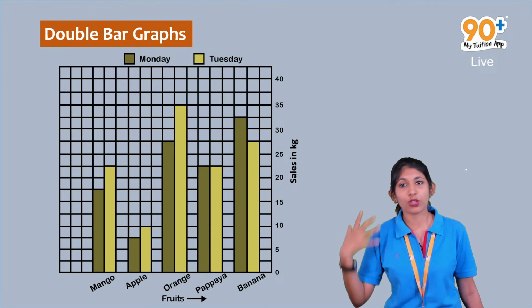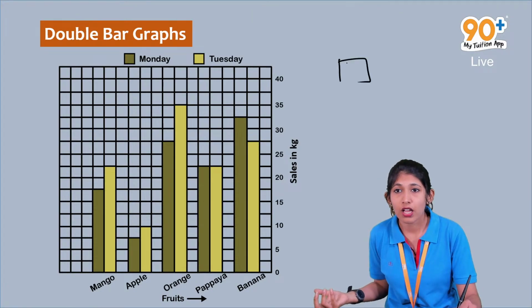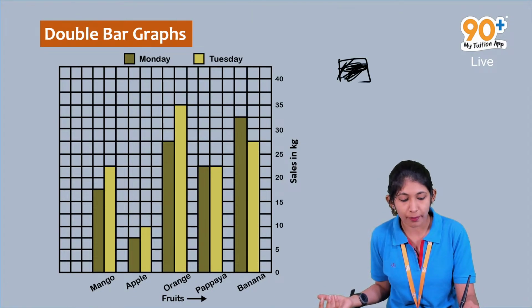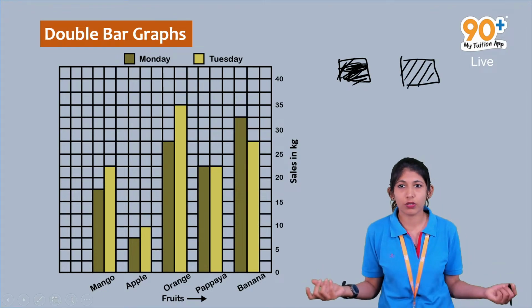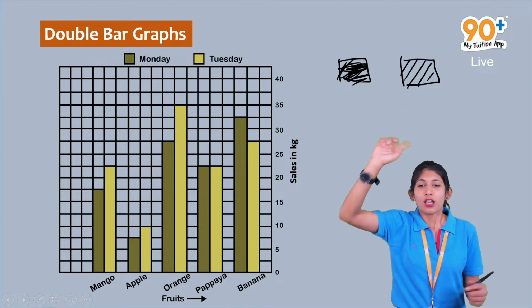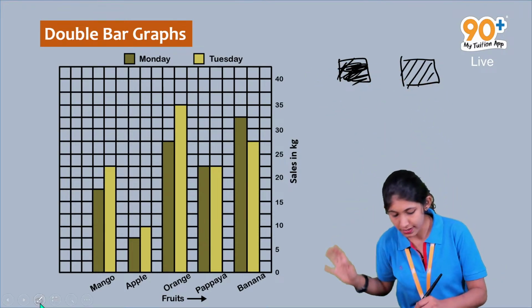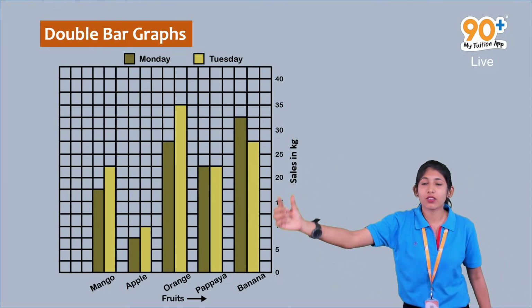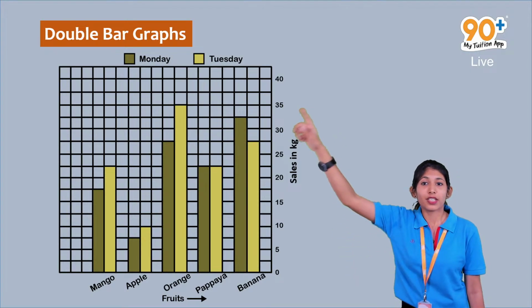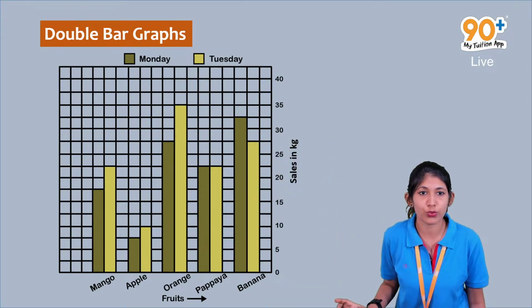Sometimes you'll be shading. One will be complete shading, complete coloring. The other one will be shading in a pattern. It's mandatory that you denote what these 2 things represent. So this graph shows the sales of different kinds of fruits on Monday as well as on Tuesday, right?